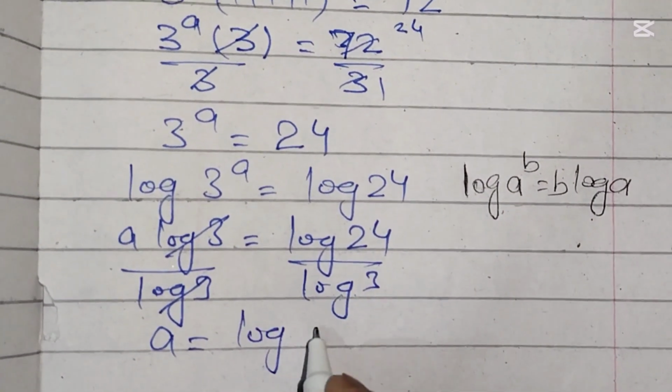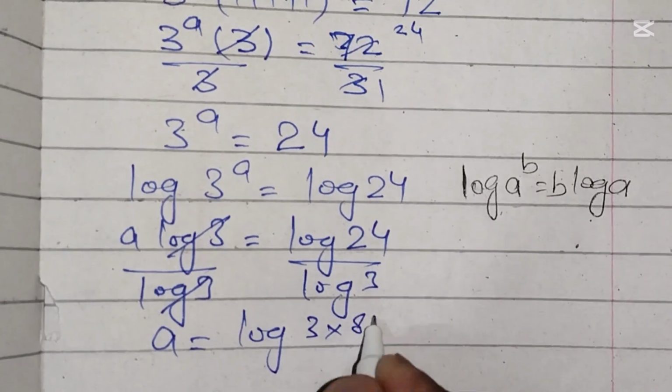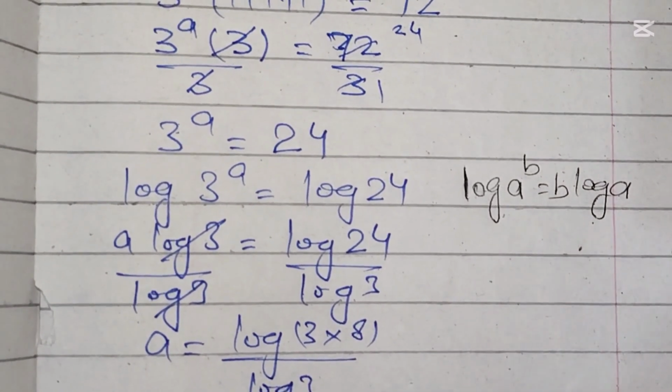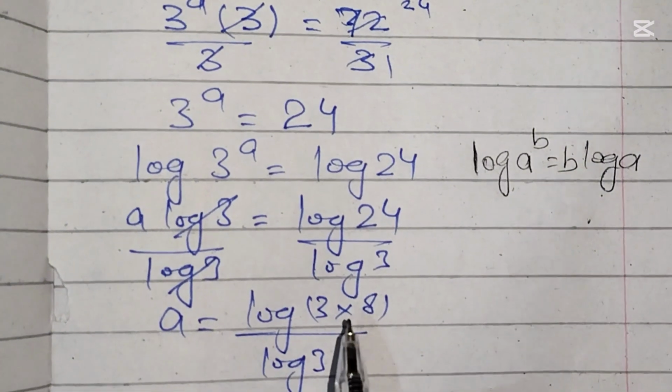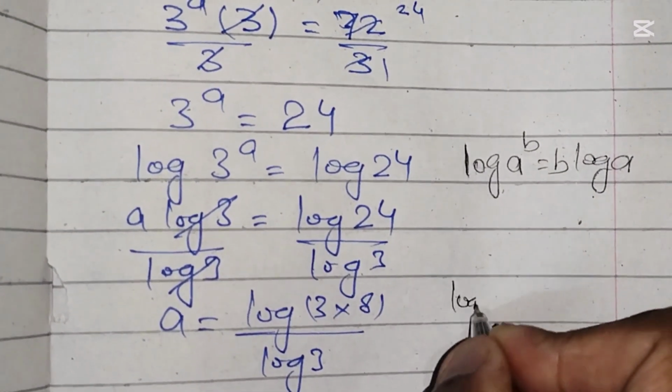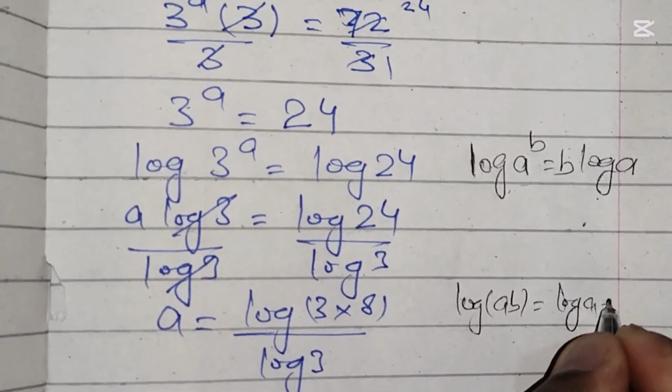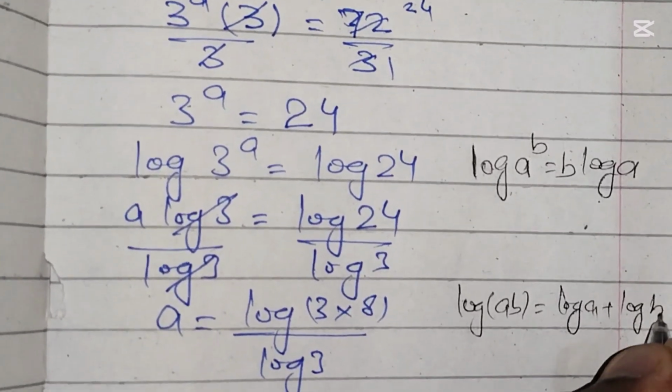We write 24 as 3 into 8 in the numerator of log of 24. Here we use the formula: log of a into b is log of a plus log of b.